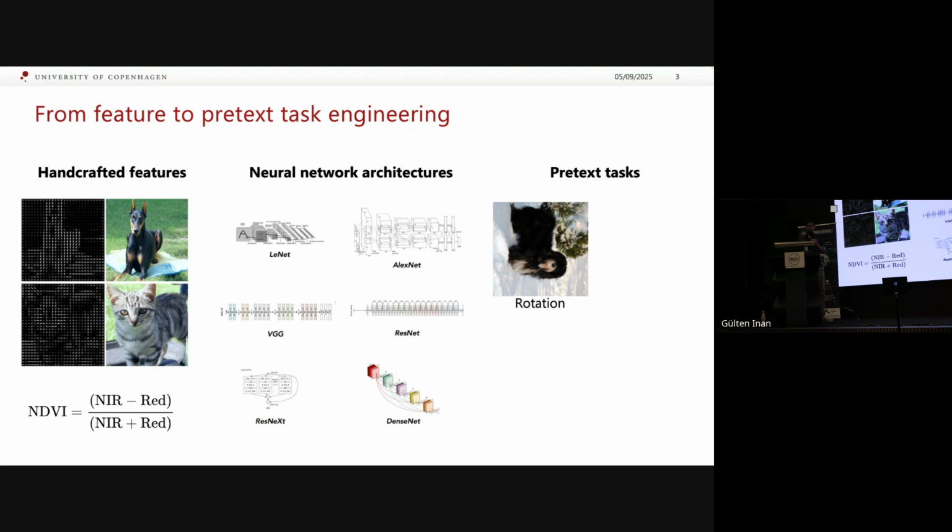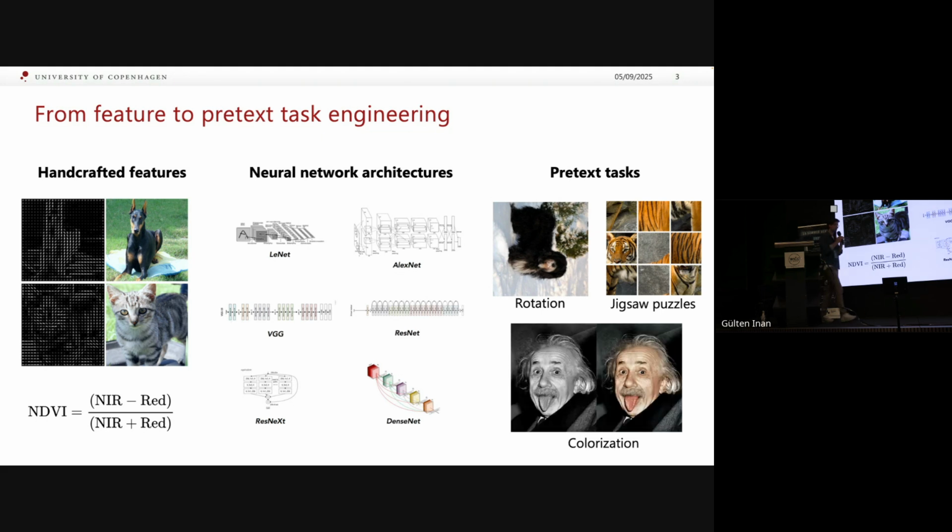And now today, I think there's not so much engineering in the architecture anymore, but there still is. But what people started to do is to engineer proxy tasks, like alternative training tasks, pre-training tasks. And here I just have a few examples.